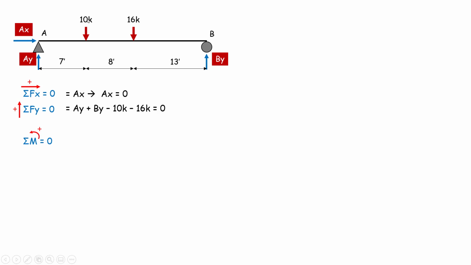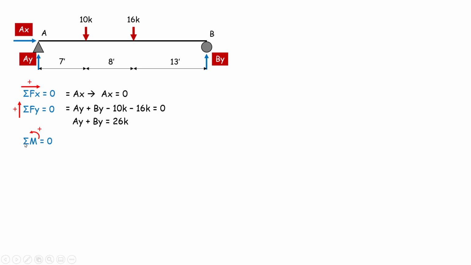This one is downward, so it is negative, so I put 10k over here as a negative, and the next one is 16k, also negative. So this equation can be simplified to AY plus BY equal to 26k. Because we have two variables and only one equation over here, we cannot solve this equation.